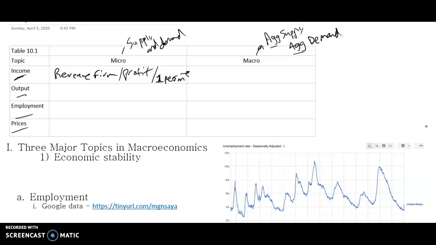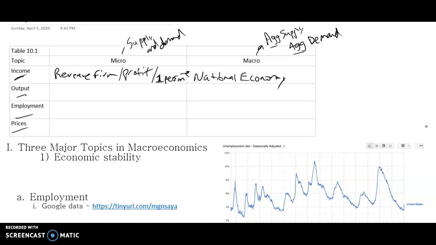Whereas when we talk in macro terms, income is of a national economy. A lot of times you'll talk about the national income, and you'll get this big total number, sometimes millions, trillions of dollars.